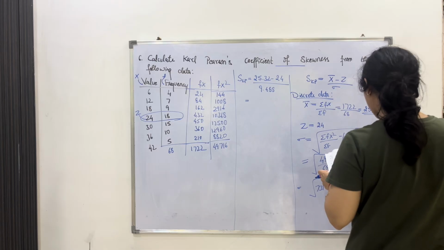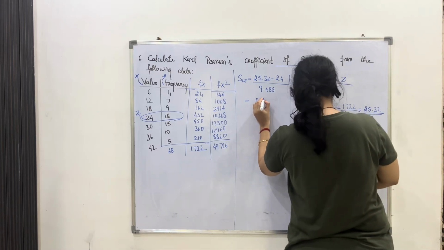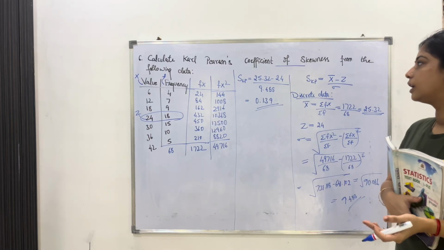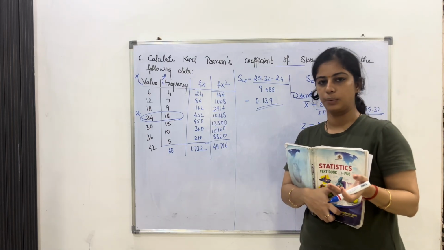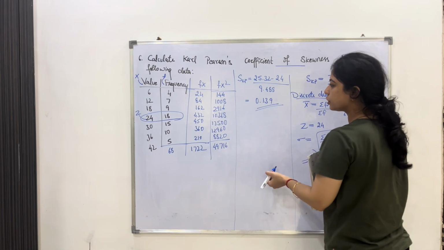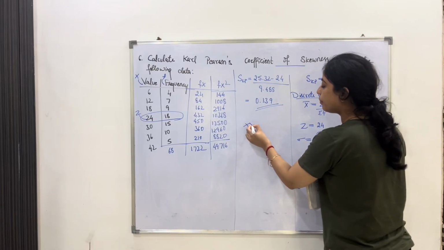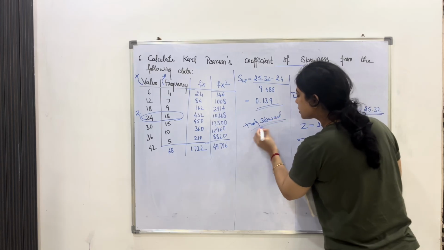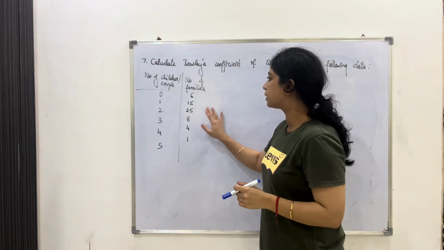So the answer after dividing is 0.139. So this is the answer for Karl Pearson's coefficient of skewness. Here again the value is positive, so we can write this is positively skewed. The distribution is positively skewed.